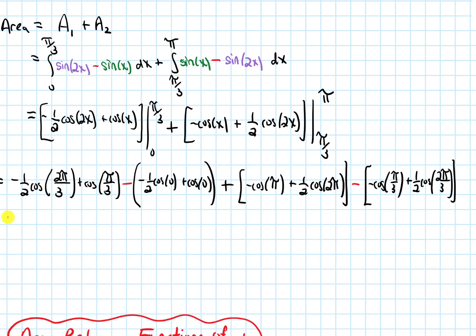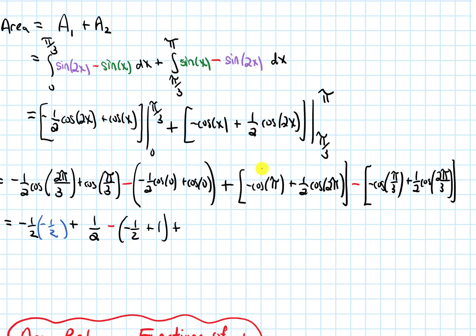All right, so simplifying this, we end up getting negative 1/2, because cosine of 2 pi over 3 is negative 1/2, plus cosine of pi over 3, which is positive 1/2. And then I get minus, inside of this parentheses, negative 1/2, because cosine of 0 is 1, and then plus 1.